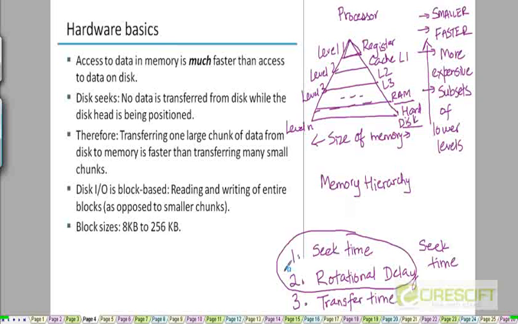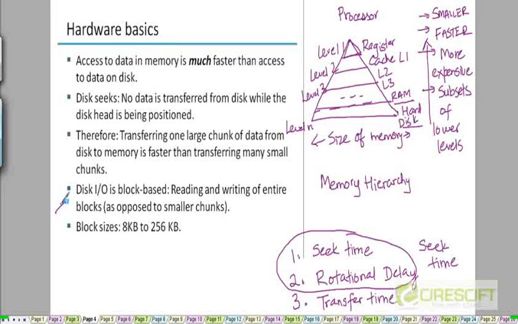Now these two delays are orders of magnitude larger than the amount of time it takes to fetch a byte from main memory into the cache, for example. But even if you look at the transfer time, which is the amount of time it takes to transfer one byte from disk into main memory, given that the data is already directly under the head, even that time is about 4 times larger than the amount of time it takes to access a particular byte in main memory.